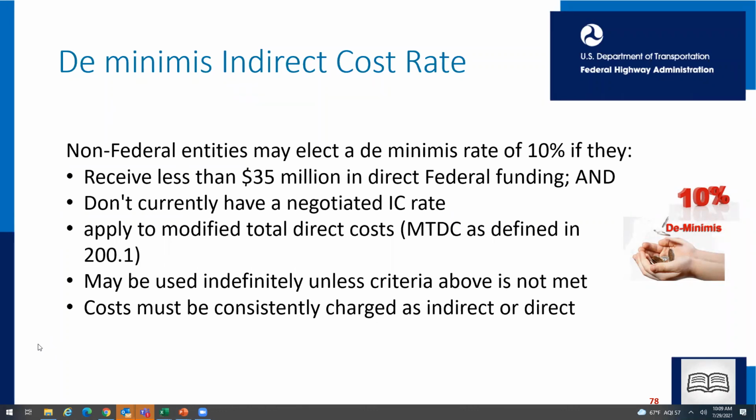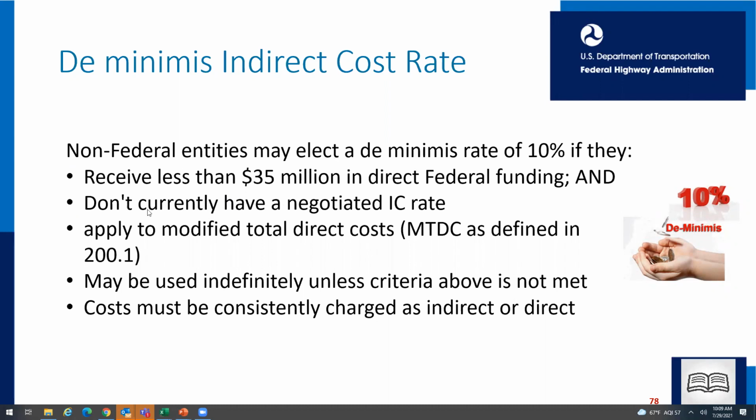as Eric mentioned yesterday, previous to the November 12th, 2020 update to 2 CFR 200. The only entities that could use a de minimis rate were entities that had never, ever had a negotiated indirect cost rate before with their Cognizant agency. And the other criteria is entities have to receive less than $35 million in direct federal funding.